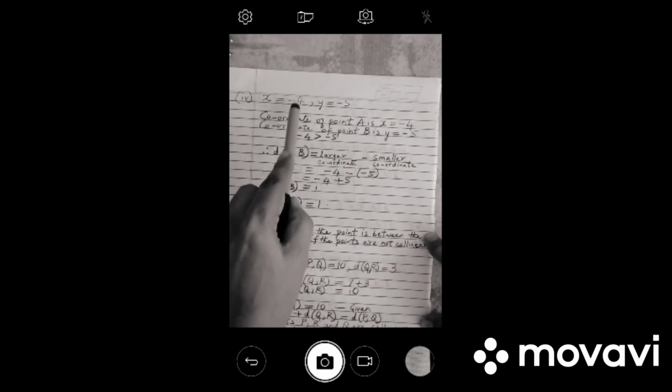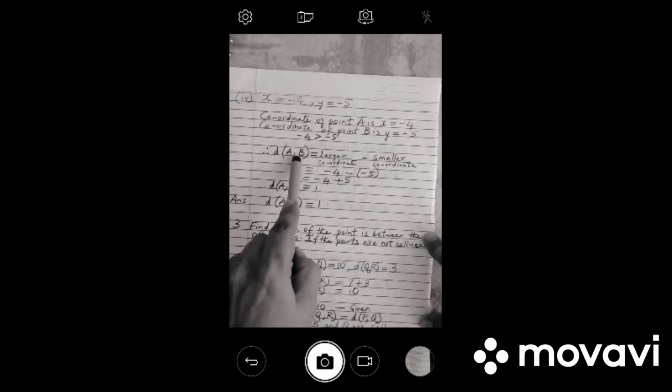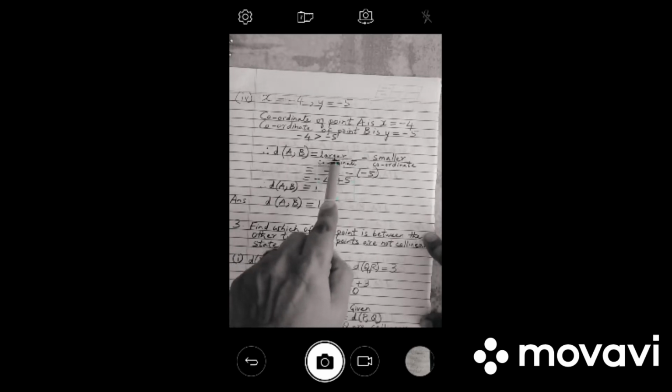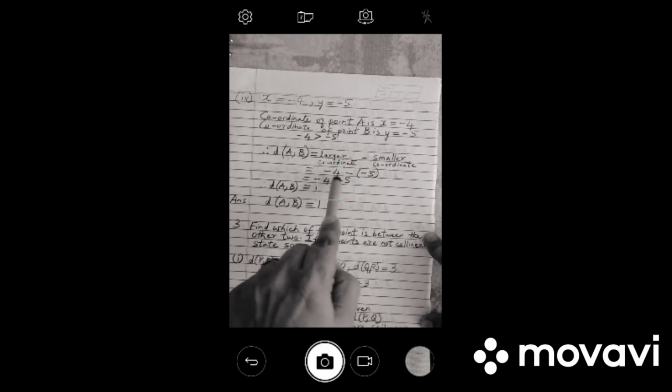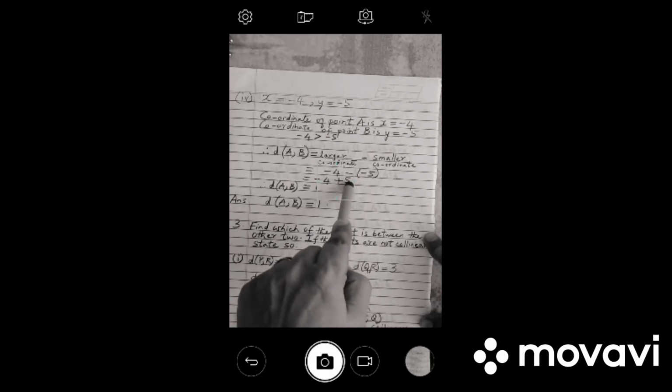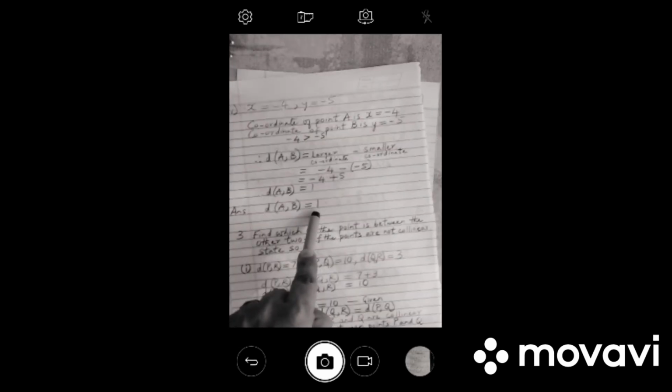Now we can see that minus 4 is greater than minus 5. Therefore, distance AB is equal to larger coordinate minus smaller coordinate, that is equal to minus 4 minus of minus 5, that is equal to minus 4 plus 5, that is equal to 1. Therefore distance AB is equal to 1. Therefore distance AB equal to 1 is the final answer.